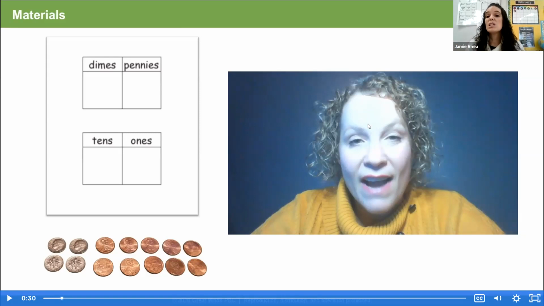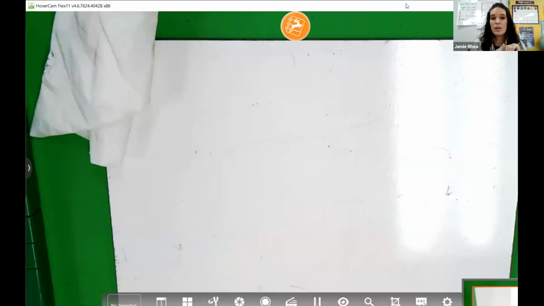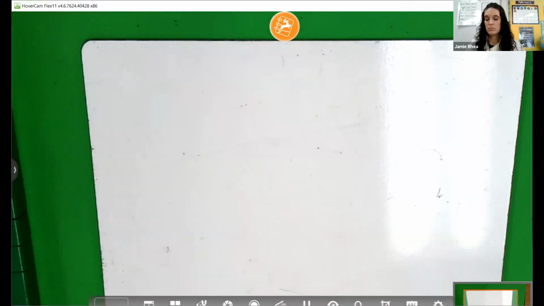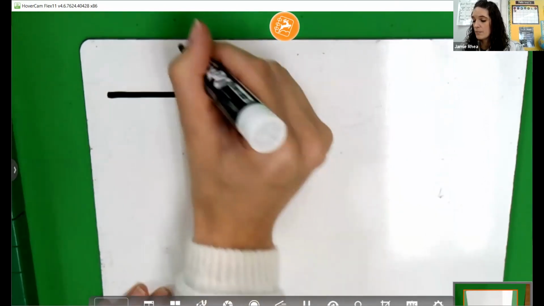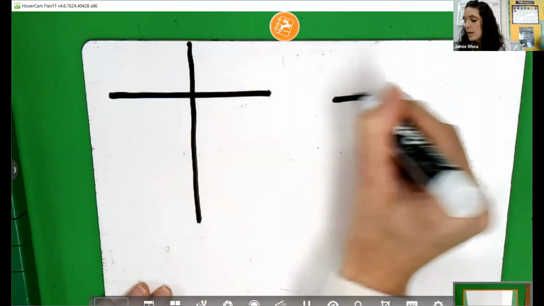If not, we're going to do it the same way we did our last lesson where we made tens and ones. So let's look at that real quick. If you have to draw this out, just do it the same exact way we did it yesterday. It's like this.